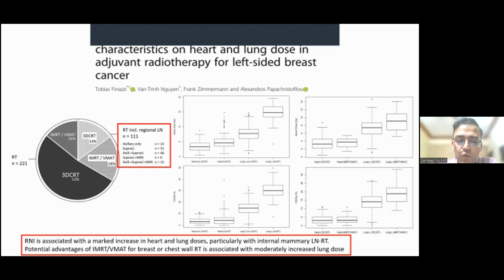So with regional nodal irradiation, there was more dose going to the heart and lung, particularly when the internal mammary lymph nodes were treated. And the advantage of VMAT and IMRT for breast or chest wall was associated with moderately increased lung dose. So with VMAT, they were able to spare the heart, but the dose to the lung was increased in such patients.